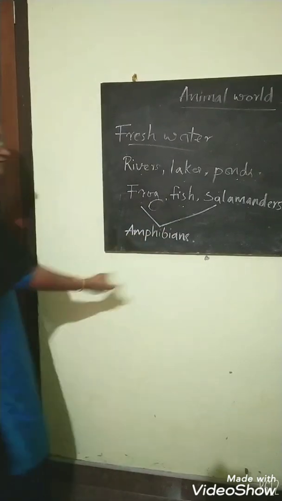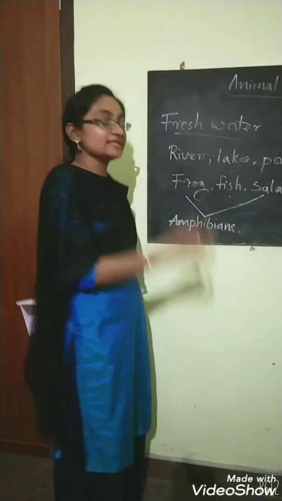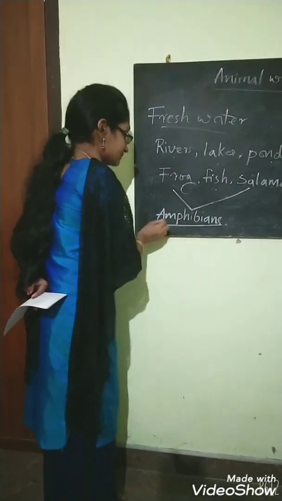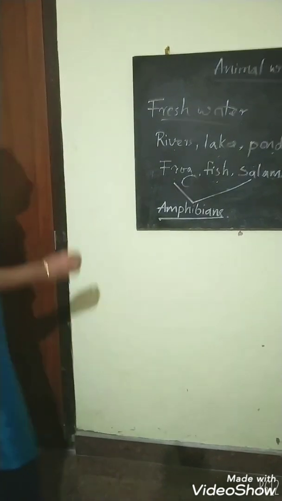What are amphibians? Amphibians are animals which can live both on land and in water. I think it's clear for you.